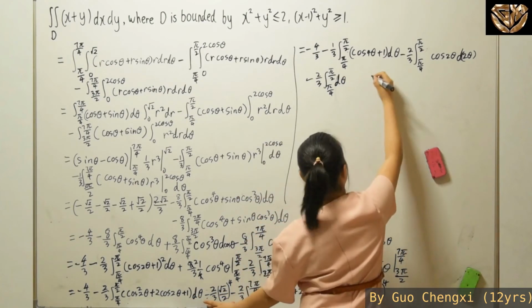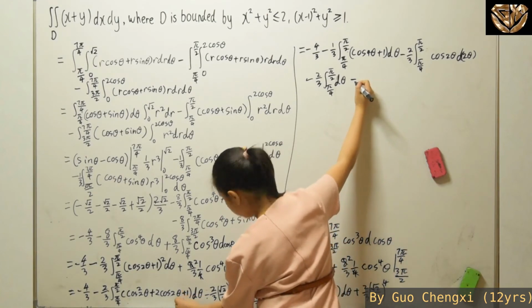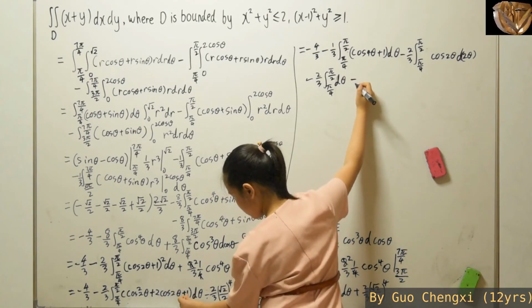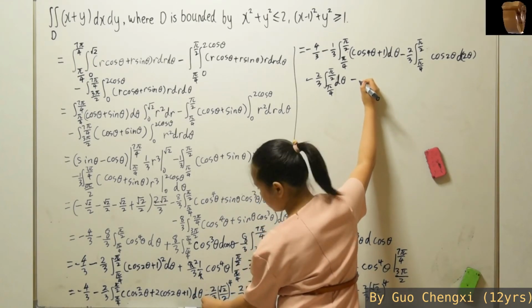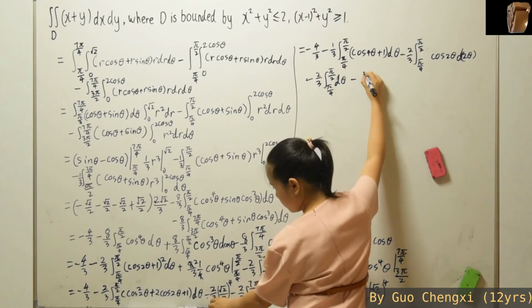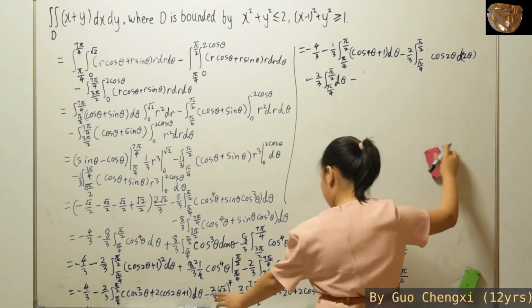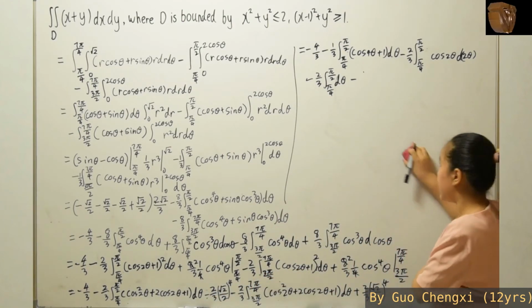And then for this part you have, so over here for this part, as you can see for this minus and this positive, you can practically cancel them out.